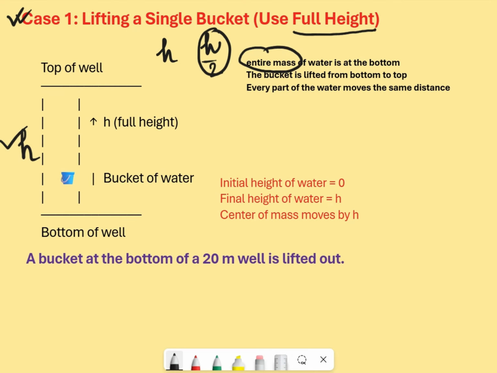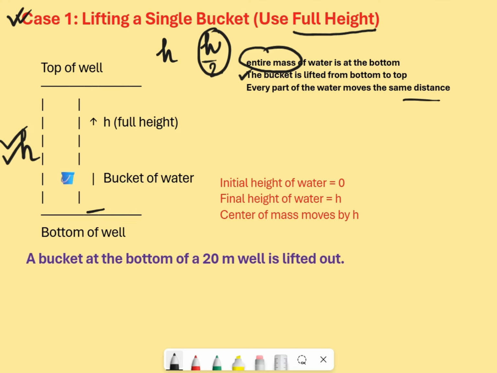If we are using a bucket, or maybe a pump, and we have to lift all the water from the bottom, it means point number 2, indeed we also use H. Every part of the water moves the same distance.